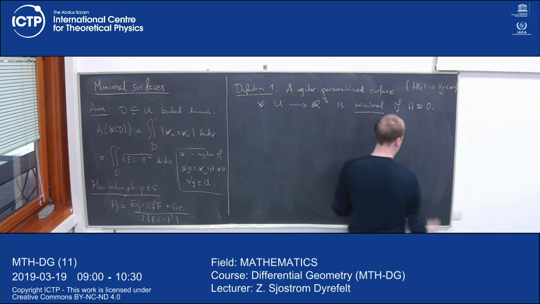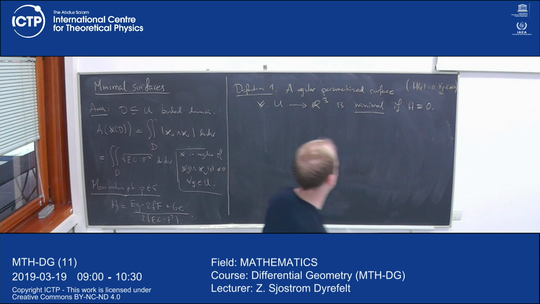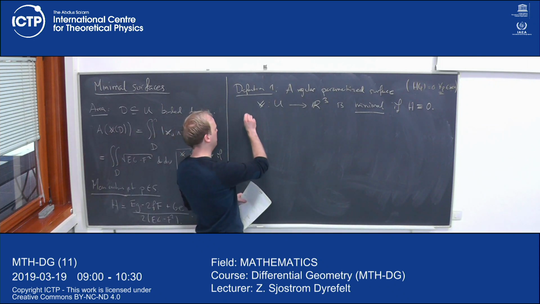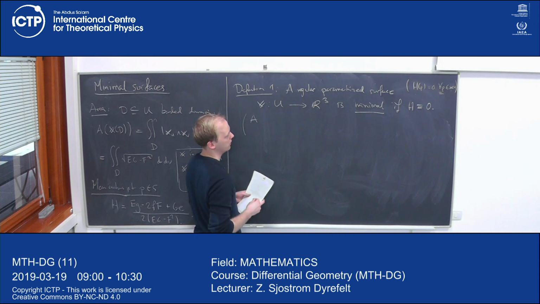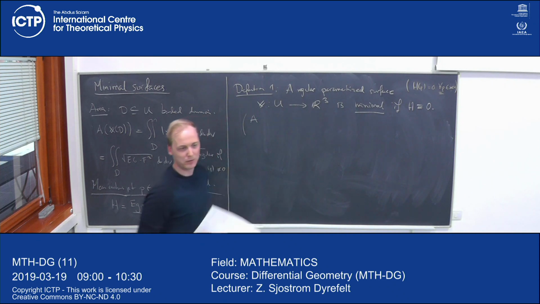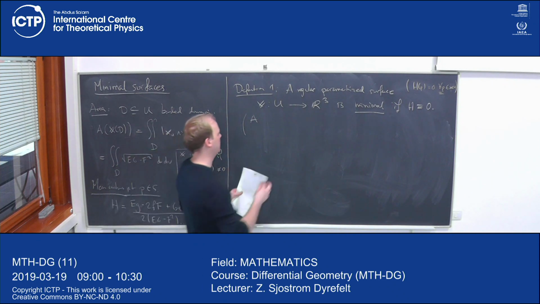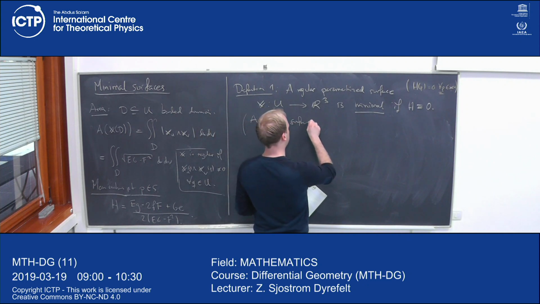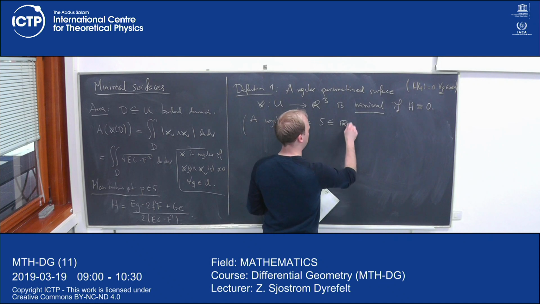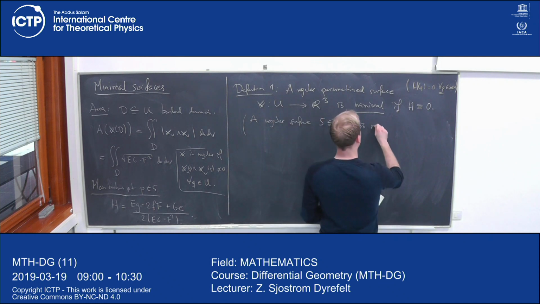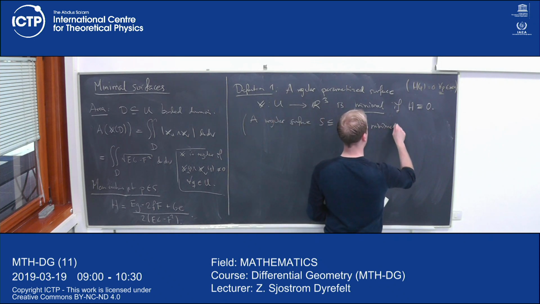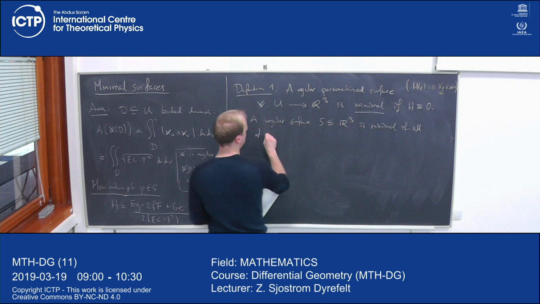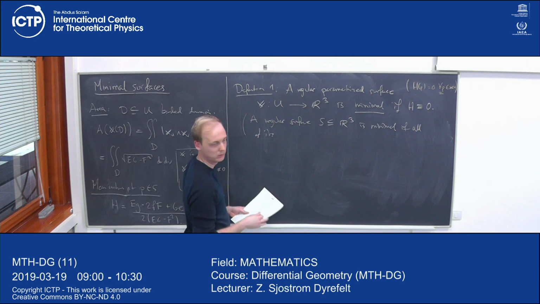So for all p, this is just something I want to stress. And then, just as a remark, in case we don't work with a surface with a given parametrization, I can just say that a regular surface S in R3 is minimal if all of its parametrizations are minimal.